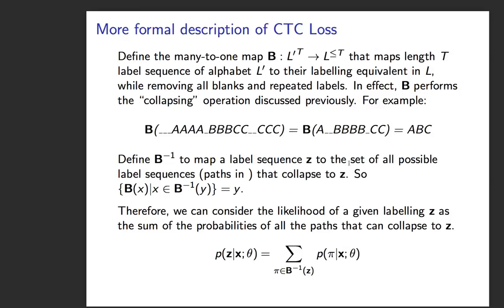To avoid confusion, I'm calling the outputs that are the same size as the input series the label sequence, and they can collapse into a labeling of variable length that's less than it. How do you compute the inverse of B?